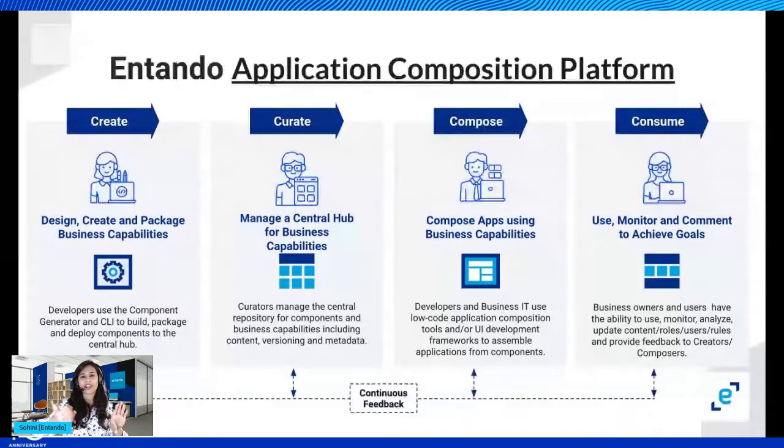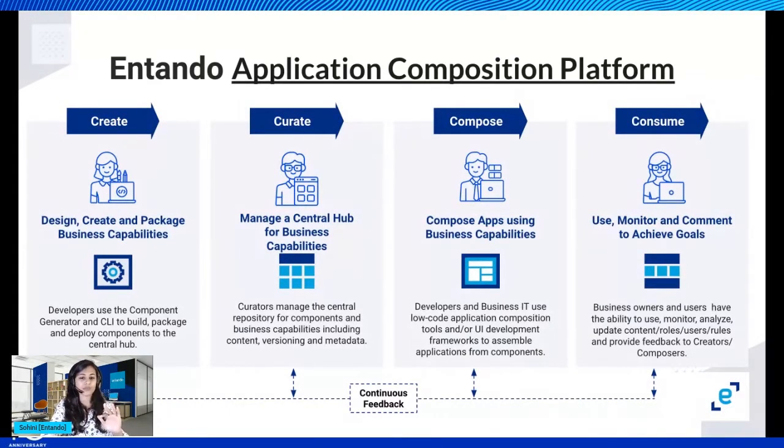Now let's find out how you can build, deploy, run, and manage PBCs from scratch. To create the application composition platform's architecture, we recommend distributing responsibilities across four different roles or functions.